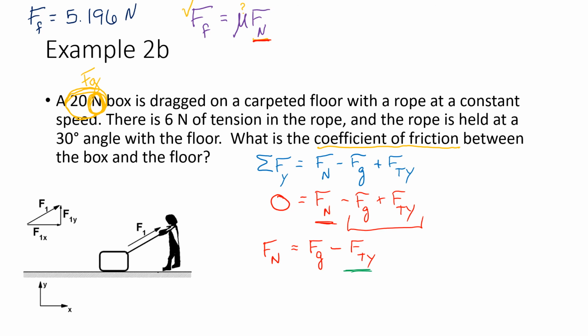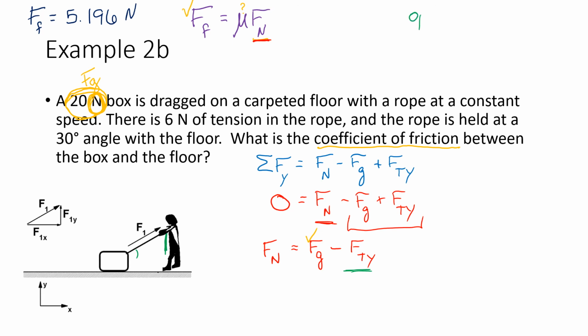Awesome. We don't have to solve for it. Yay! That's awesome. All right, so we've got that. Can we solve for the force of tension in the y direction? Yeah, right? Just like we solved for the force of tension in the x direction, but this time for the y direction, we'll use sine.